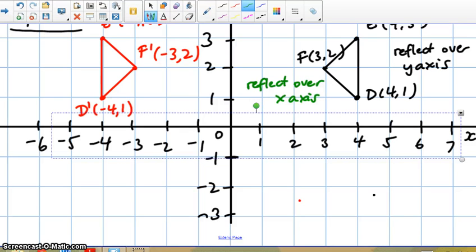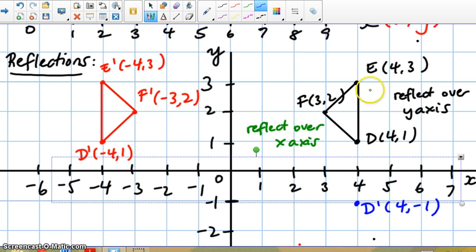Now, we know that D is at 4, 1. It has to be the same distance on the other side. So if we're using the x-axis as a mirror line, it has to be 1 away on the other side too. So that we know that D prime is going to end up at 4, -1. Okay.